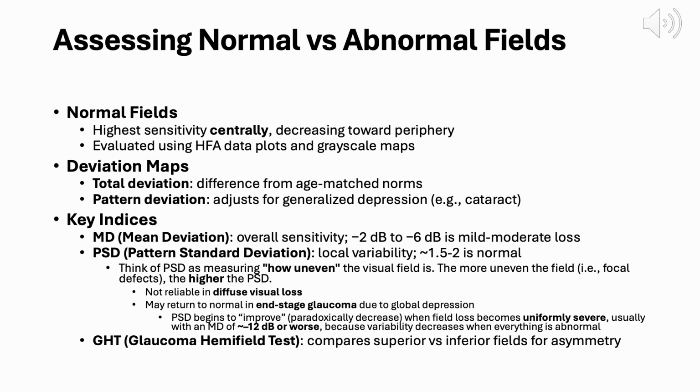Key indices on the report help quantify abnormalities. Mean deviation, or MD, tells us about overall sensitivity. A value between -2 and -6 decibels is usually considered mild to moderate loss. Pattern standard deviation, or PSD, reflects how uneven the field is.